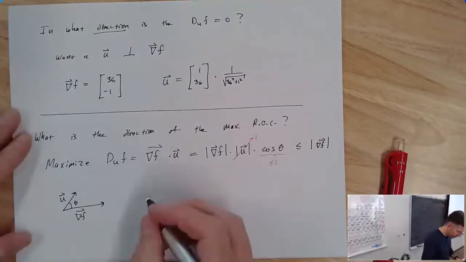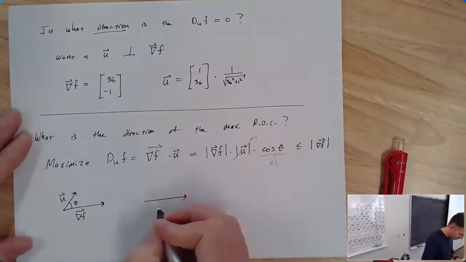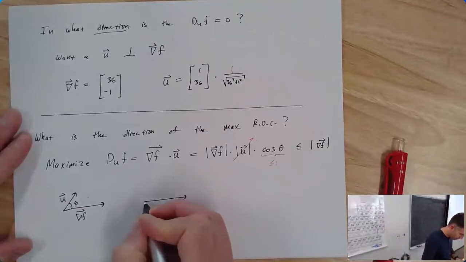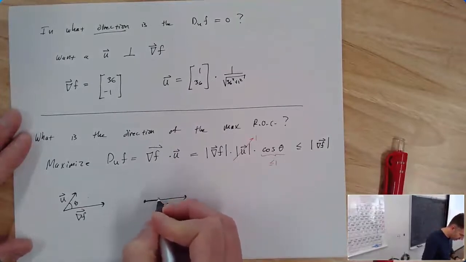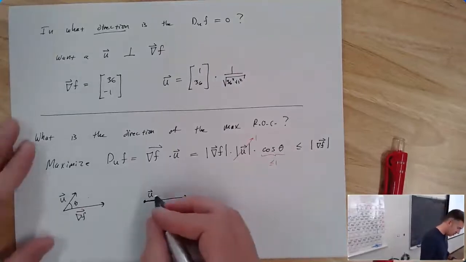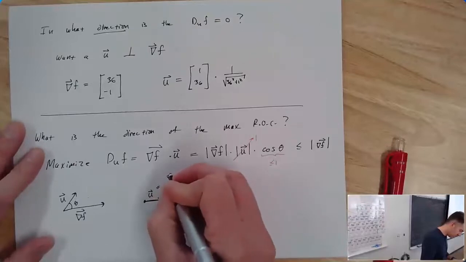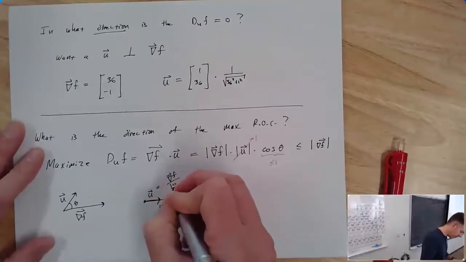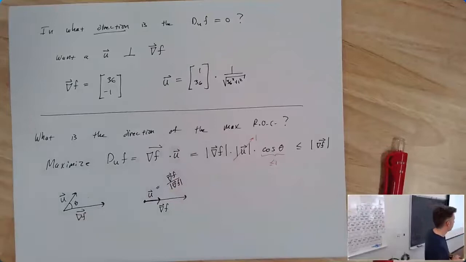That's why we say the direction of maximal rate of change is the direction of the gradient vector. The only difference is u is the gradient divided by its own magnitude, because we have to make it a unit vector. So you do have to point in the same direction as the gradient to have a maximum rate of change.